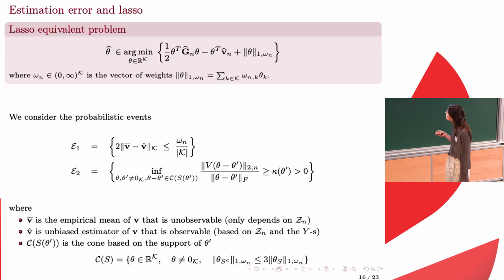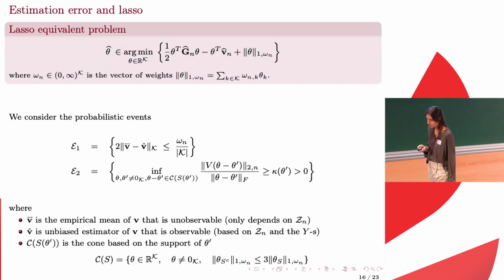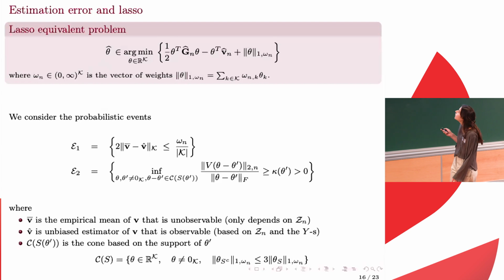So S of theta prime is the support of theta prime, and C of S is just the related cone, where we suppose that the coordinates in the complement of the support are smaller than those in the support of interest. Okay, so this is known in the literature as a restricted eigenvalue property.